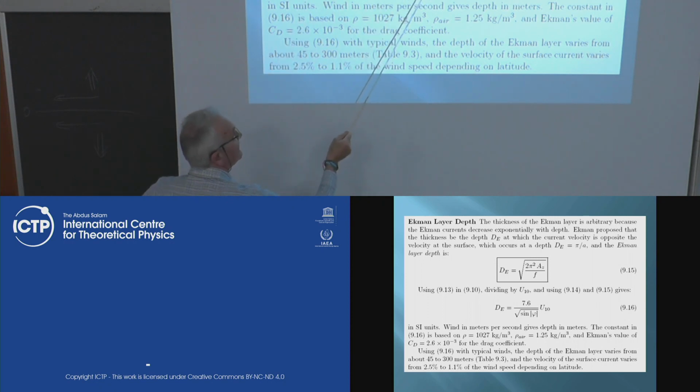The Ekman layer depth is proportional to the eddy viscosity constant and inversely proportional to f, the Coriolis parameter. If the Coriolis parameter is 0, which is at the equator, the Ekman layer depth is undefined for this specific Ekman solution.